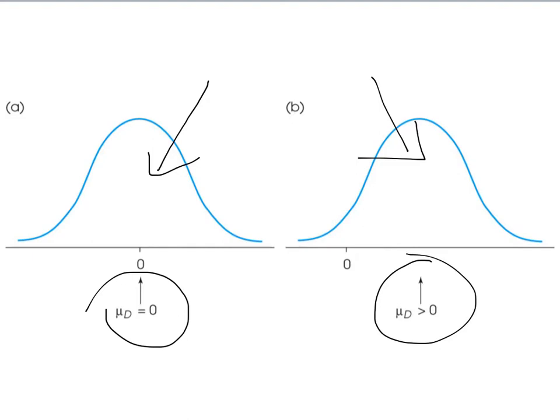It says greater than zero, but think of this sign here as meaning different from zero, and not so much greater than zero, because scores could have gone up and scores could have gone down. In both cases, they'll be different from zero.